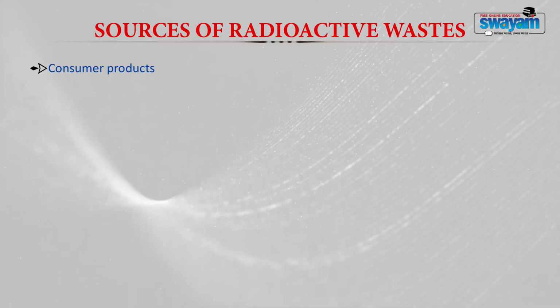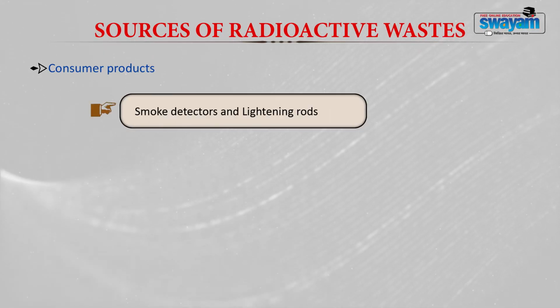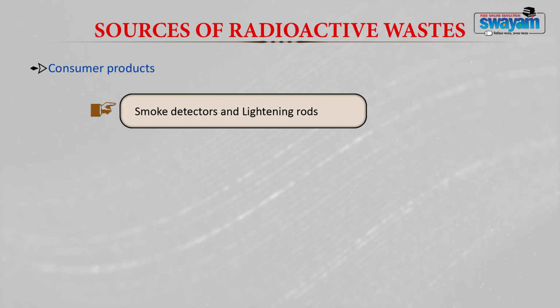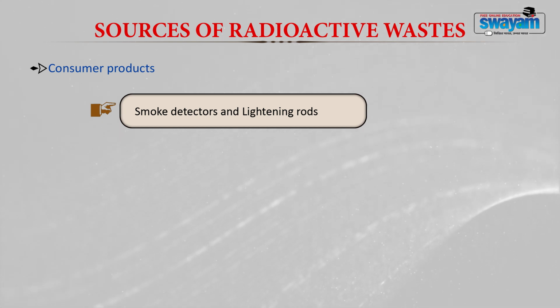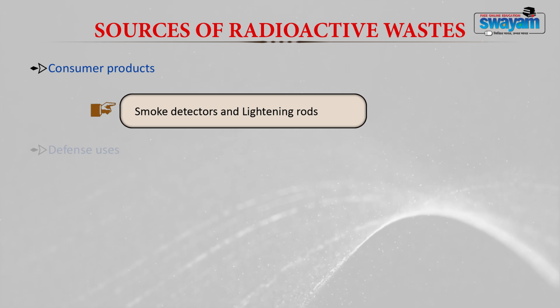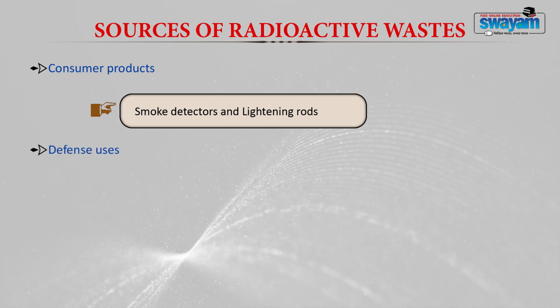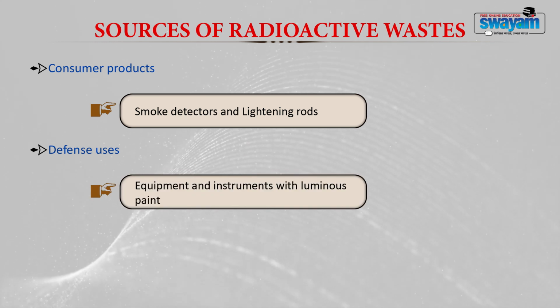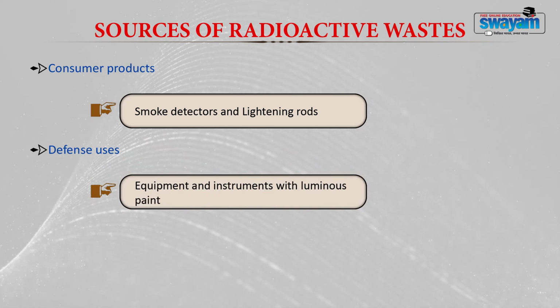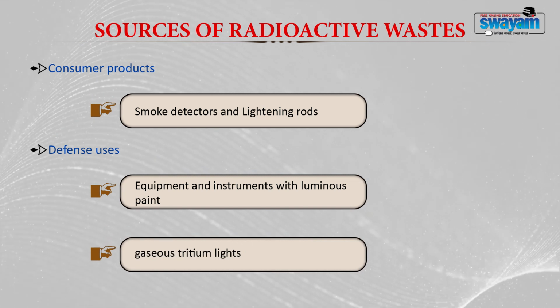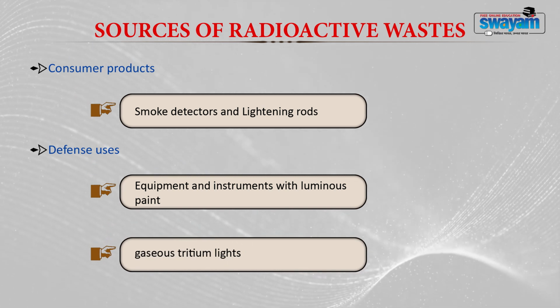So, we can say in other words, in all the fields in which radioactive materials are used, radioactive waste is generated. Consumer products like smoke detectors and lightning rods also contain radioactive materials. Then defense also has applications, and some waste may be generated there too. Equipment and instruments with luminous paints, gaseous tritium lights also produce some radioactive material.